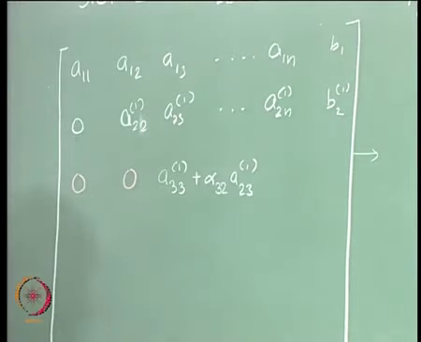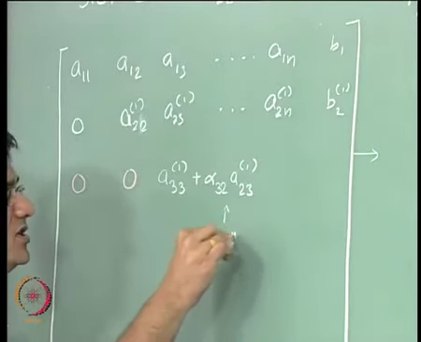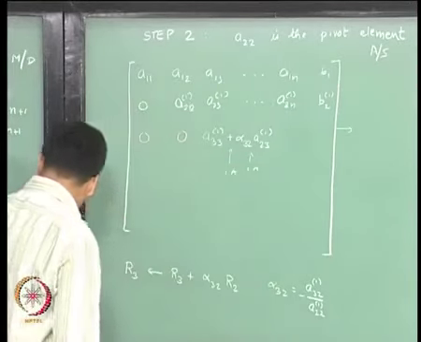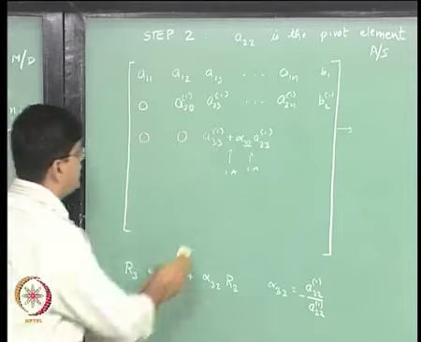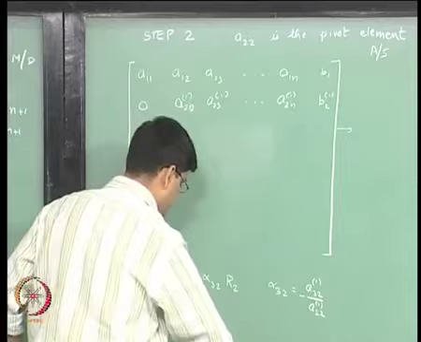Okay. This A33 is going to be equal to A331 plus alpha 32 multiplied by A231. In the same manner as we have been doing before, this is how the computation goes, and this will have one multiplication step, one addition step. As a result, we will get this value as A332.